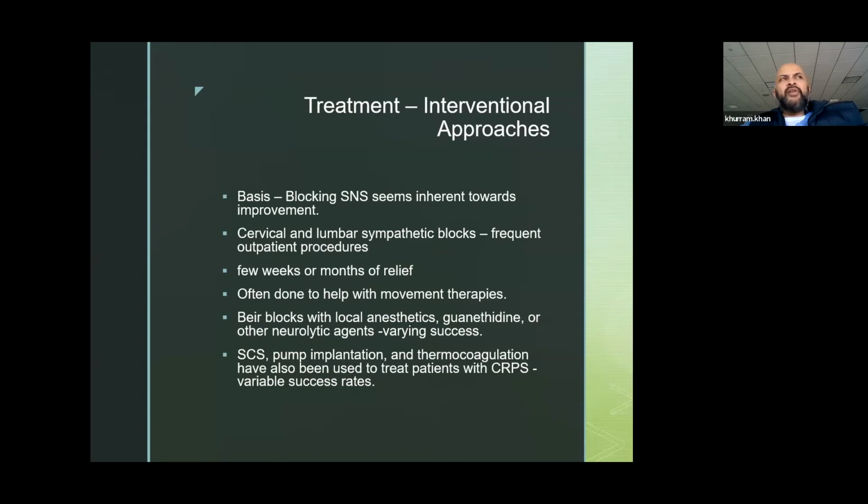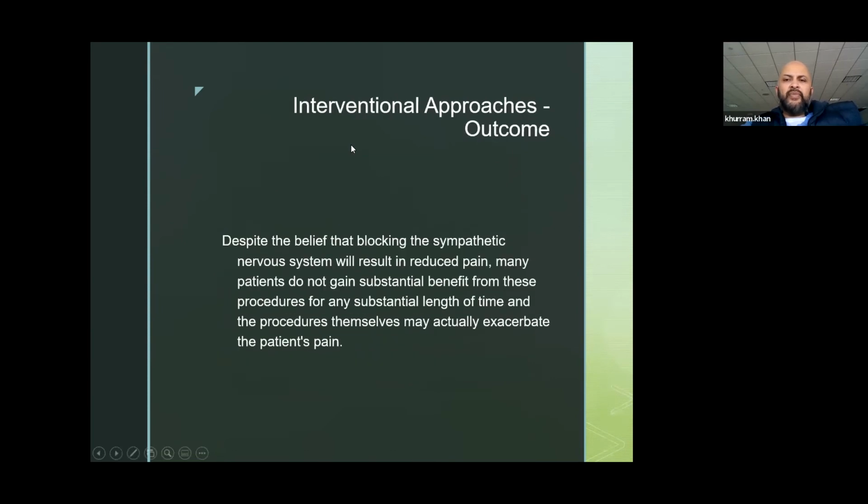A spinal cord stimulator, DRG stimulation, pumps, thermocoagulation, like using the pulse frequency for the DRG as well as peripheral nerves can also be used with different levels of success for these patients.